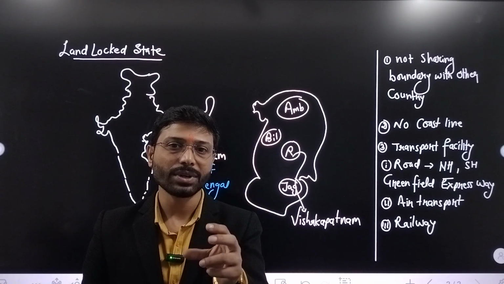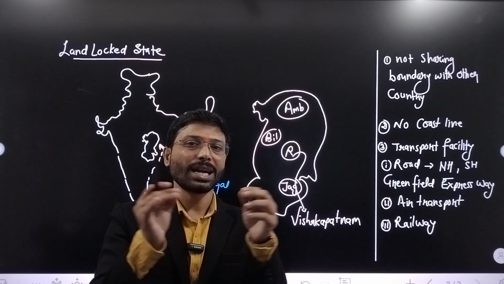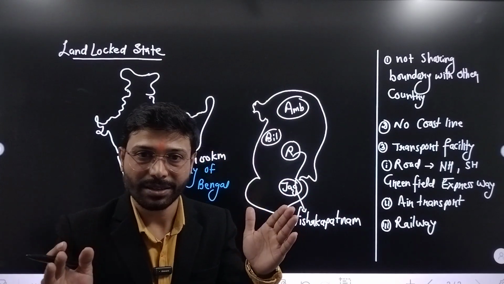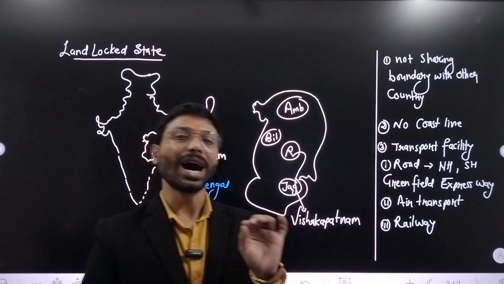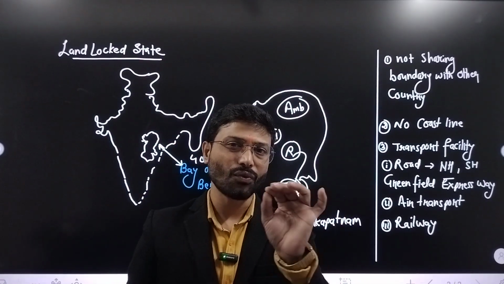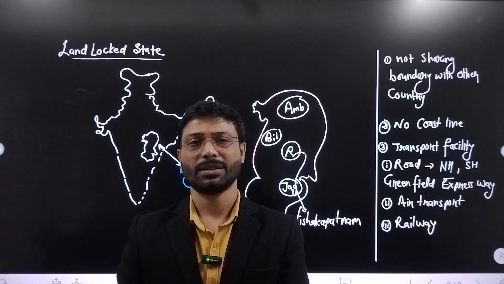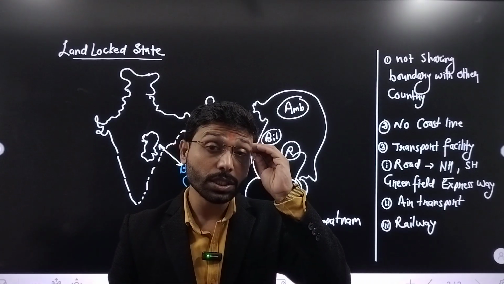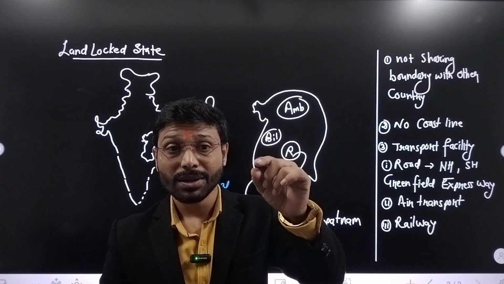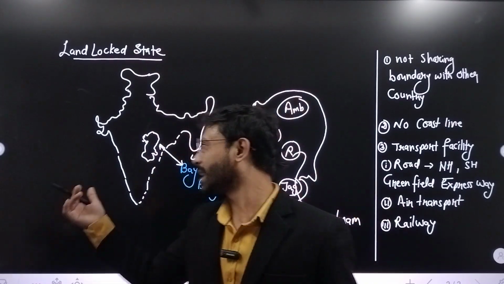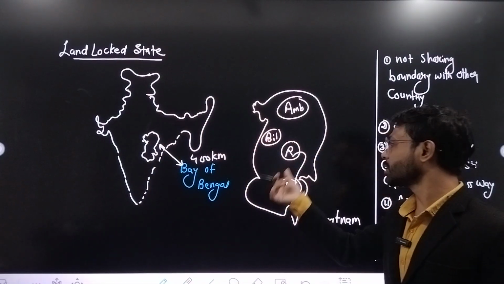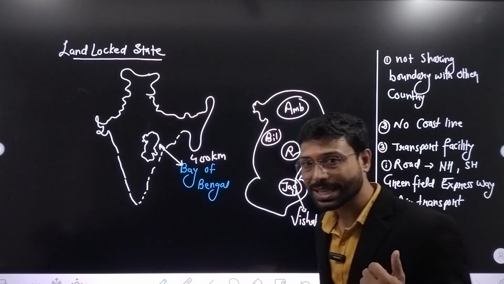We have it, but in a small manner. Even so, I am giving you the fact, because most of the examinations ask about the water transport facility of Chhattisgarh. And students become confused that Chhattisgarh is a landlocked state, so how is it possible to have a water transport facility?